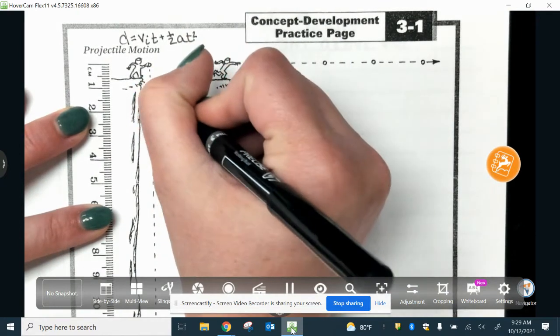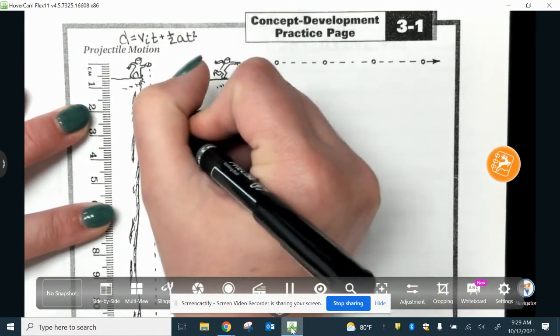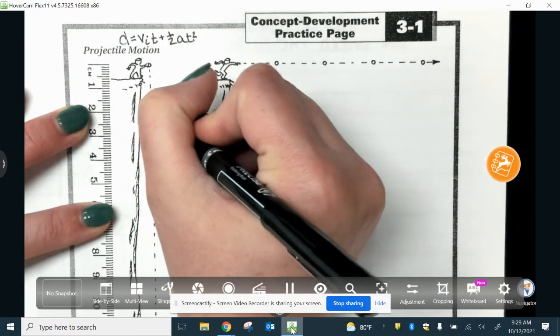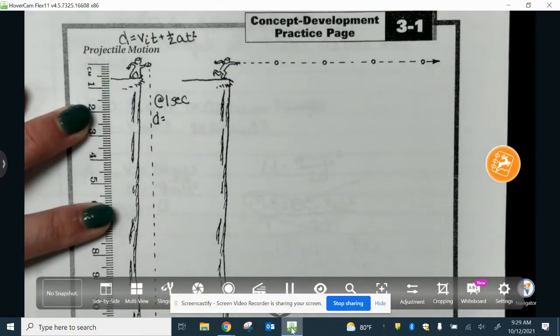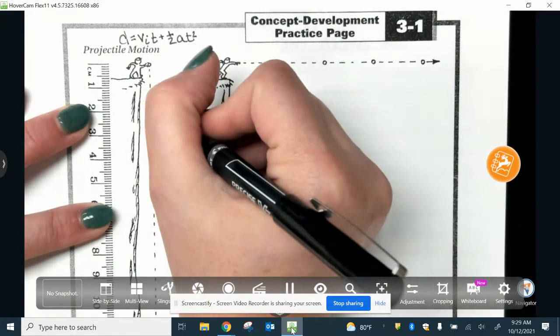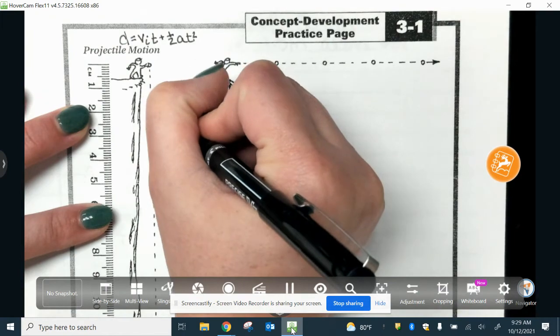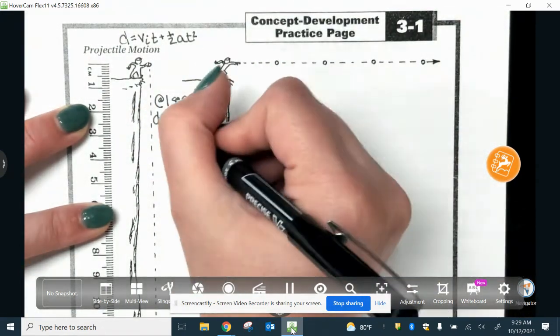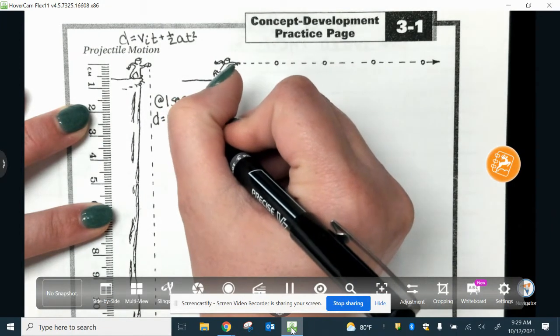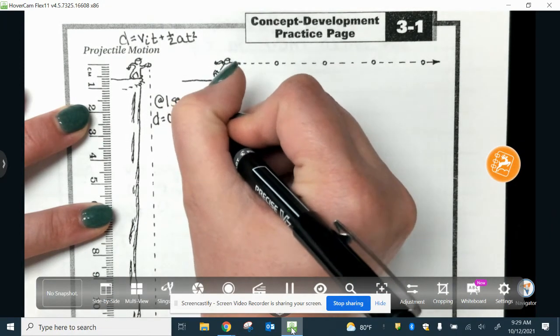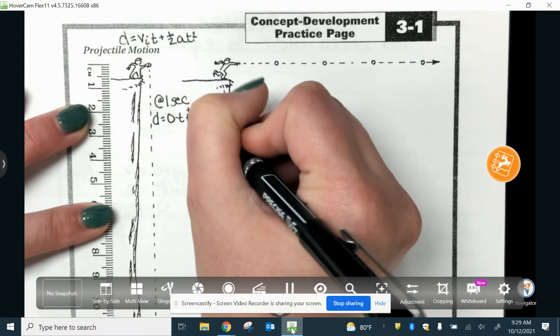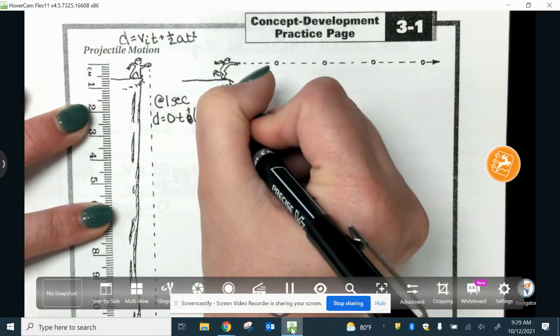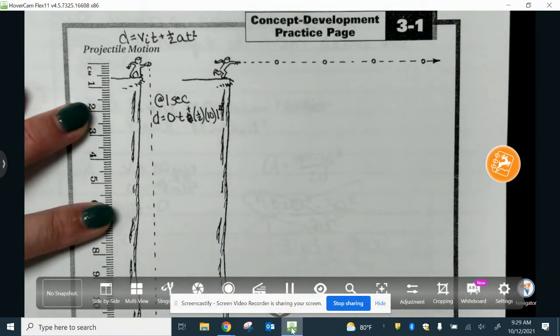All right, so at 1 second, the ball has fallen a distance. So what is the initial velocity of anything before you drop it? 0. So we have 0 times time, plus 1/2 times 10 times time squared, and at 1 second, time is 1.